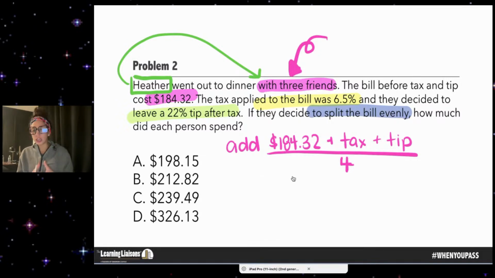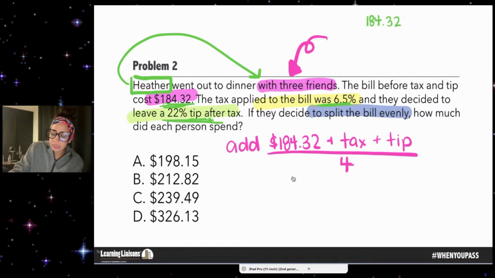Now, a good understanding of percentages and decimals and how to find that is important for this problem, because I'm having to find 6.5% of 184.32 and 22% after tax. So how do I find percentages of total? That of word means multiply. So I need to multiply 184.32 times 6.5%.